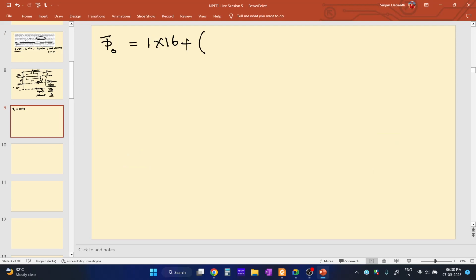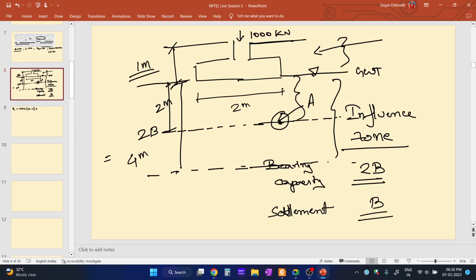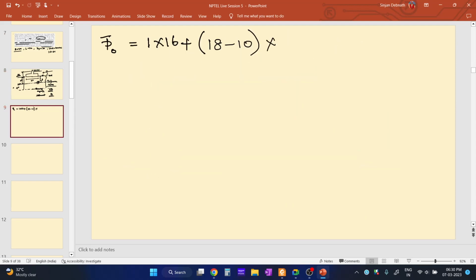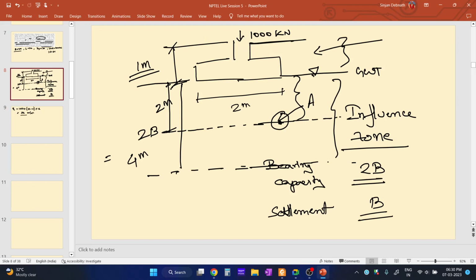So 18 minus 10, multiplied by the thickness of that layer, that is 2 meter. If you solve this, you will get overburden pressure at point A as 32 kilonewton per meter square. Let me know if there is any calculation mistake. Please solve this problem along with me. So 32 kilonewton per meter square is the effective overburden pressure at this point.